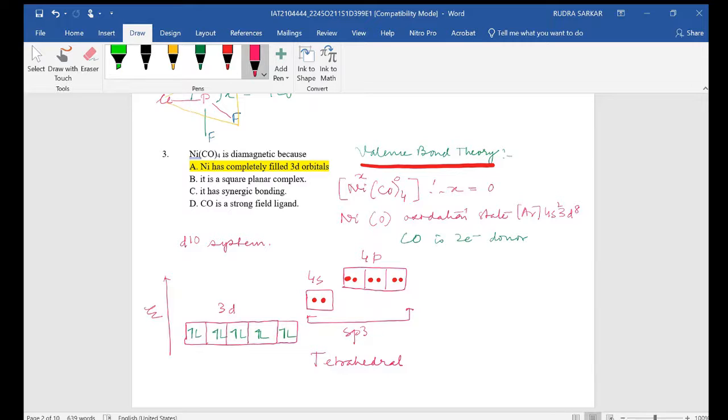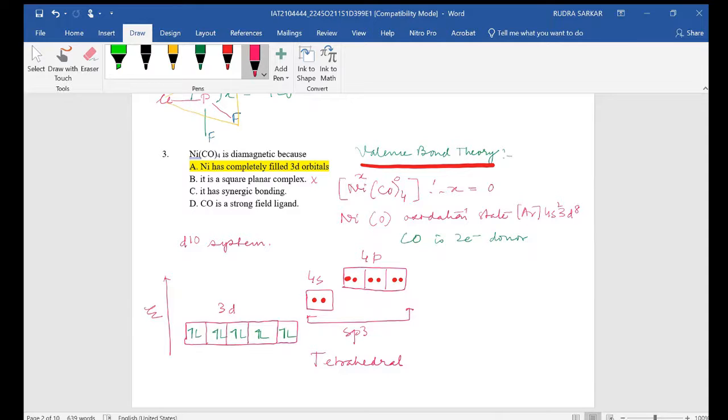Okay, so VBT helps us to predict the shape of the molecule over here and the hybridization. So this is not a square planar complex. CO is a strong field ligand, that is fine, but it has nothing to do with whether the complex is diamagnetic or not.